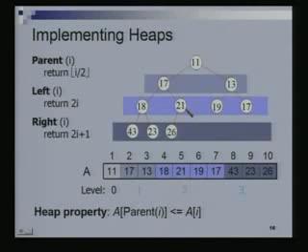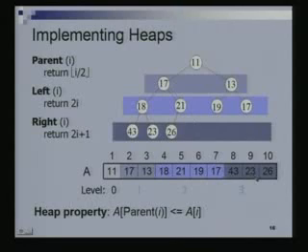What's the advantage of putting the nodes of a heap into an array like this? So suppose I look at a node at location 5, let's say node 21, and I want to find out the parent of this node in the heap. Then all I have to do is take 5 divided by 2, take the floor. So 5 by 2 floor is 2. So the parent of 21 in this heap is going to be 17, which is the case here.